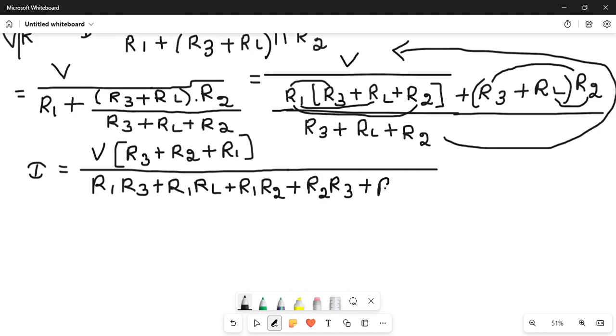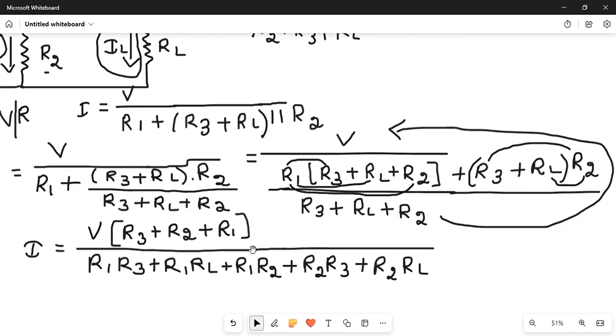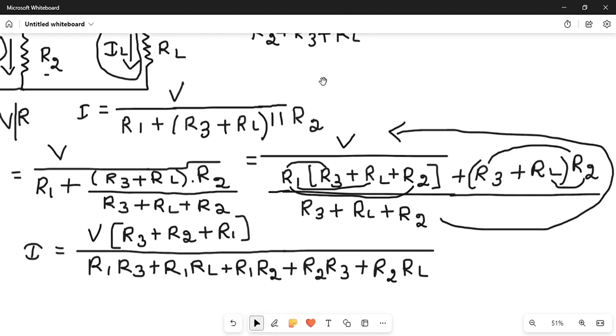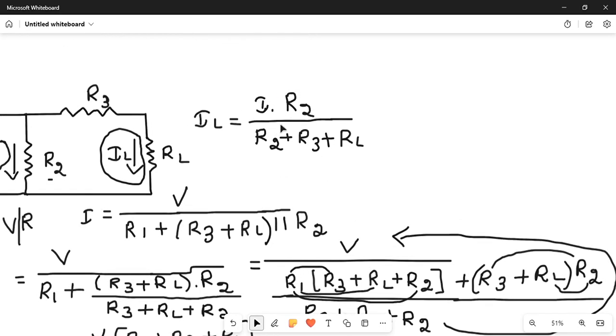So the resultant will become R2 R3 plus R2 RL, right? Now this is the I you have got. The next thing to do is to substitute this I in place of this particular.